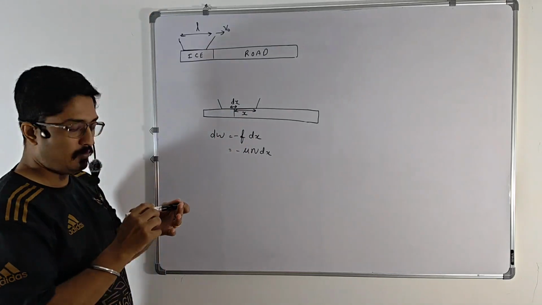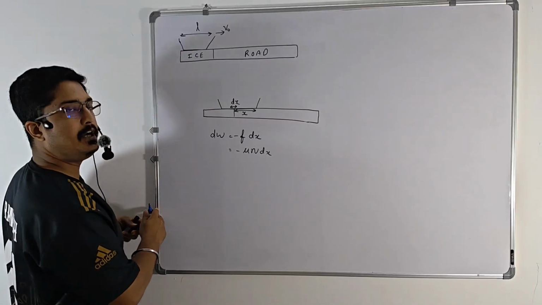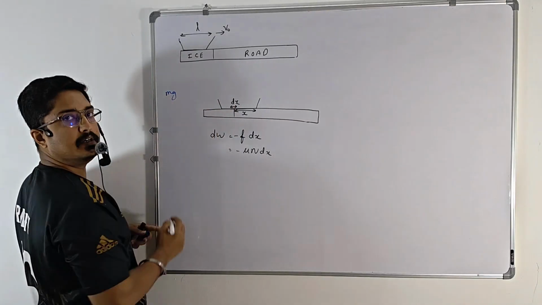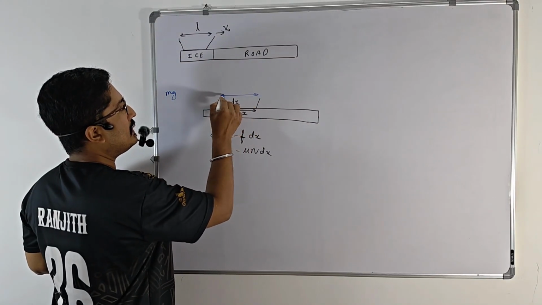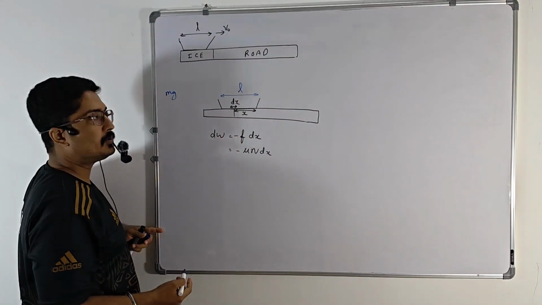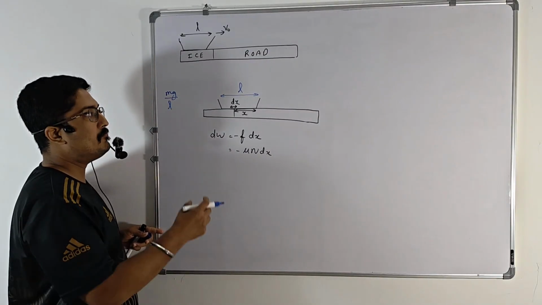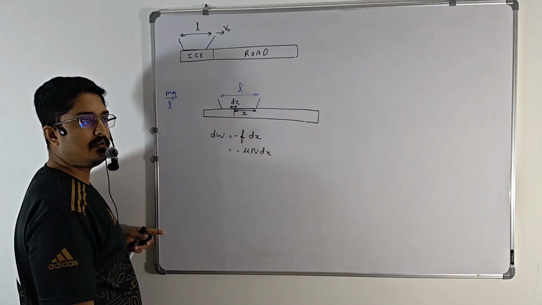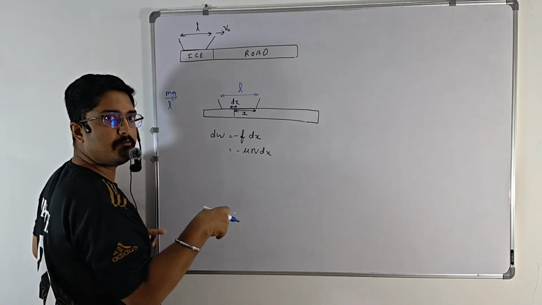So let us find out how much of the weight is creating the normal force in this region. We can say that the total weight of the body, which is mg, acts over a total length of L. So the weight acting per unit length is mg by L. Now, for how much length do I want the weight?